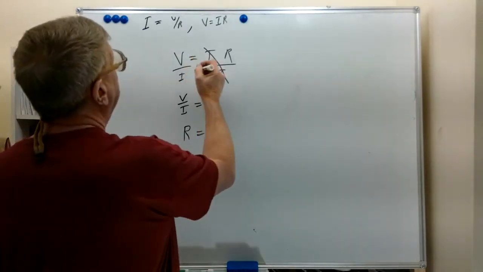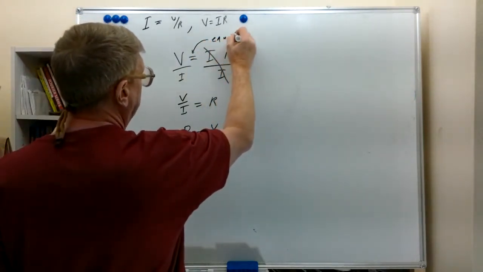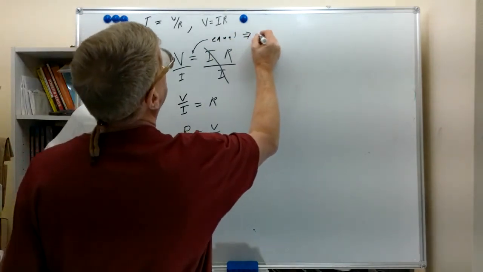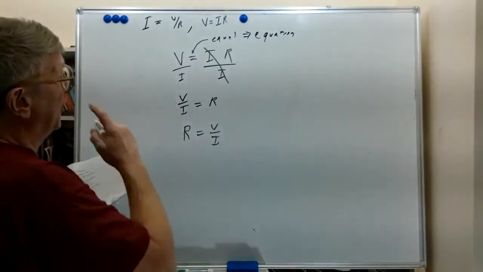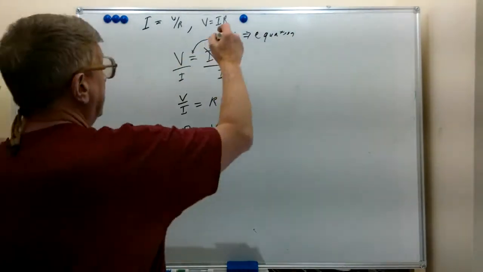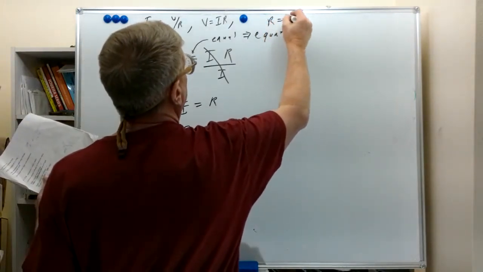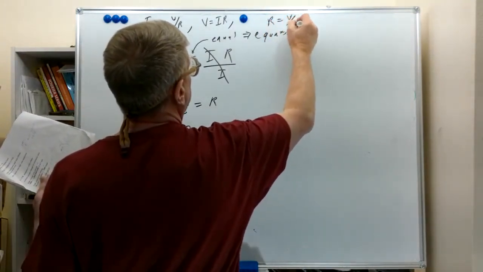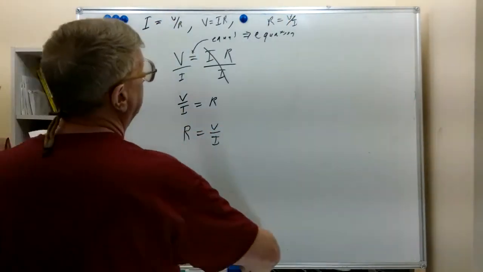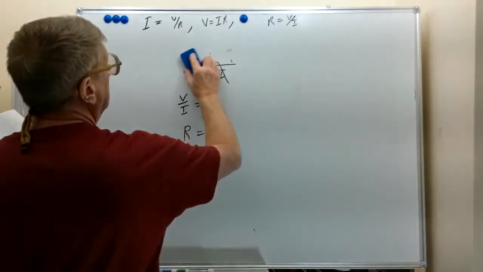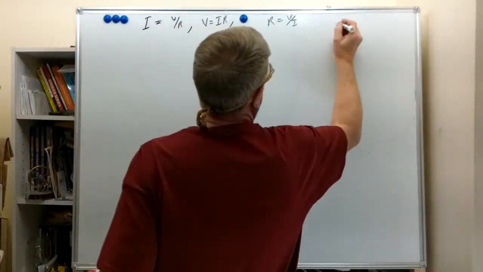Anytime you see an equal sign, that indicates it's an equation. So we've taken this equation and we've modified it. We've solved for three different variables. R equals V over I, or V divided by I. So using simple rules of algebra, we've taken this equation, which we call Ohm's law.